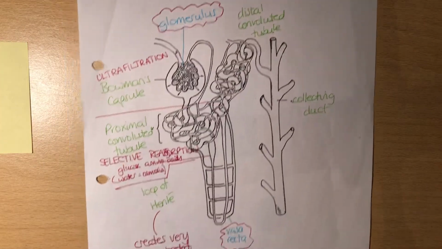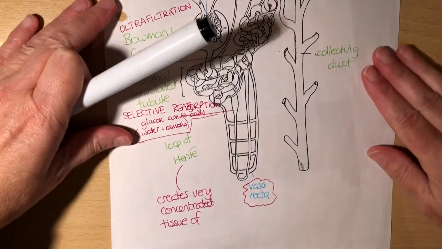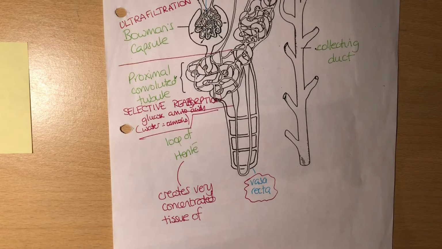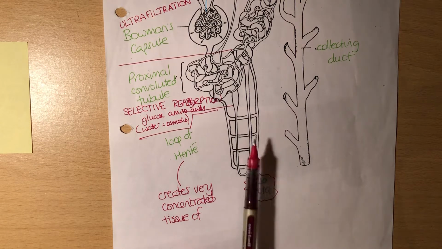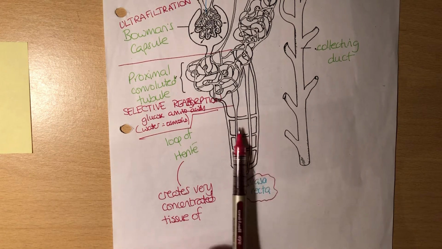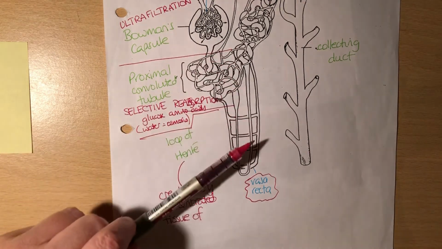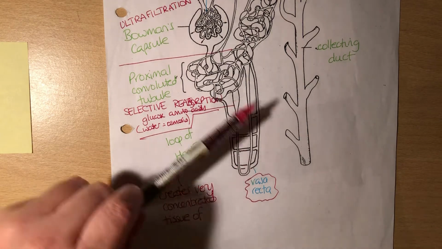So we've said, let's see if I can get this up so you can see it. We were saying that the loop of Henle, because of the way the salt is actively transported out into the surrounding tissue of the medulla, creates a very highly concentrated tissue in the medulla.